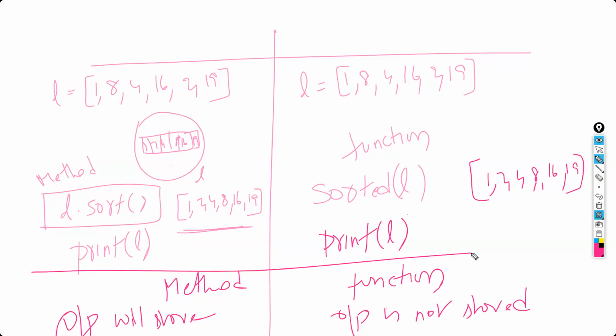What is the difference between these two? Is the point clear, guys? Yeah, done. For both of them, the output is the same. If you do it like this or like this, the output is the same. But when you print, this is the output.